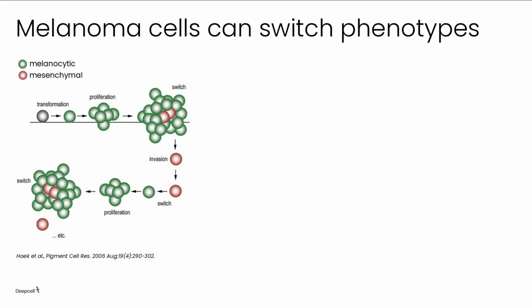During the early phase of melanoma development, the cells are very proliferative, as I've mentioned, and they have a very fast proliferation rate. But then due to signals from the tumor microenvironment, such as stimulation by TGF-beta, cells can switch into a more invasive state. They switch to a mesenchymal phenotype, which is labeled here in red.